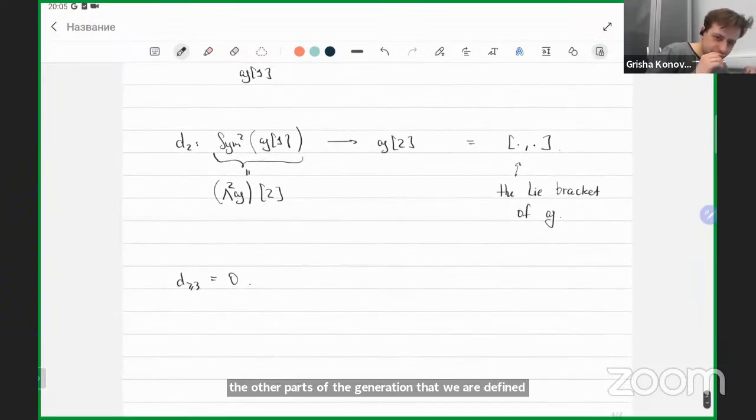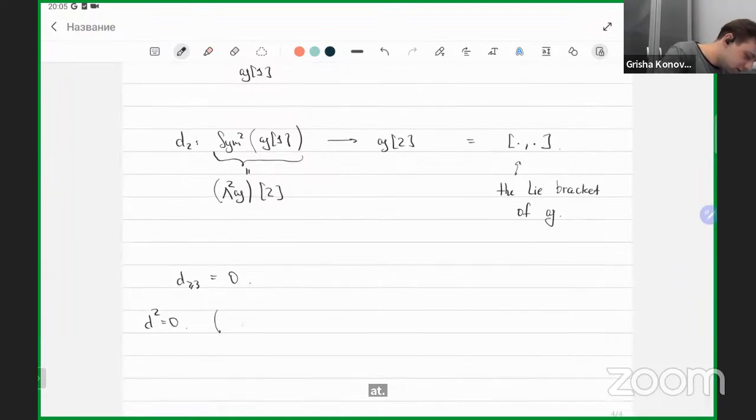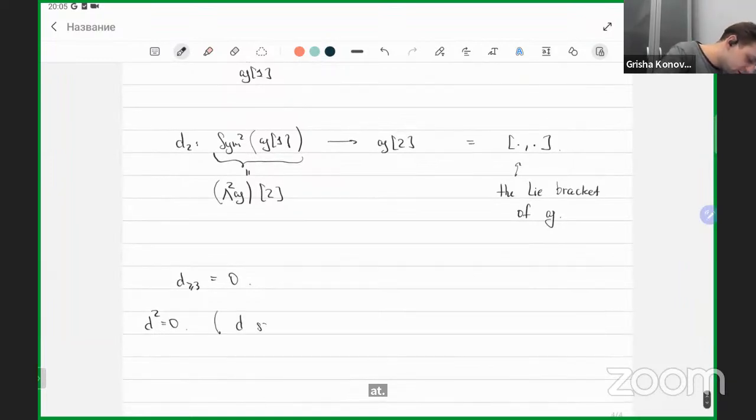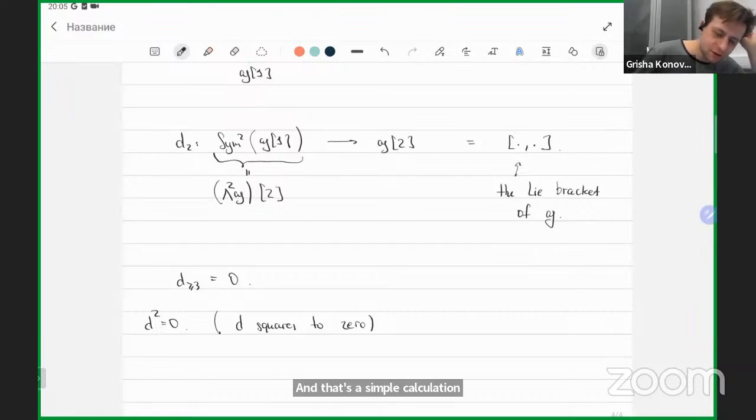And d squares to 0. And that's a simple calculation which I want to leave as an exercise.